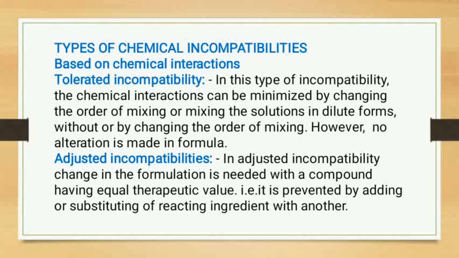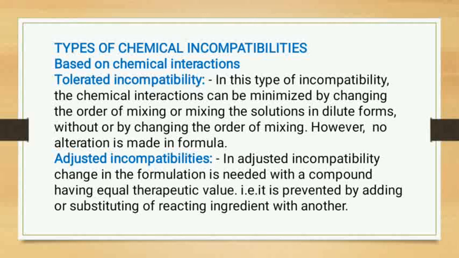However, in adjusted incompatibility, there is need for change in the formulation with a compound which has equal therapeutic value. So here what you do, you can prevent the incompatibility by substituting the reacting substance with something else.